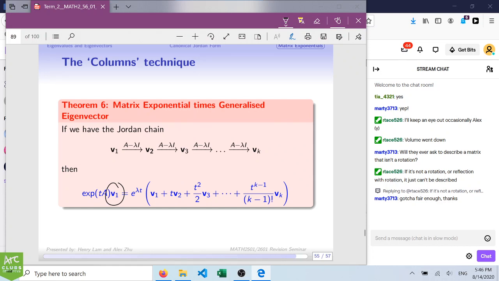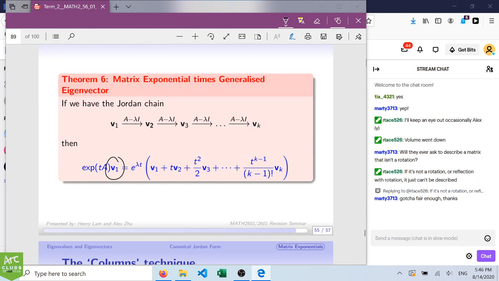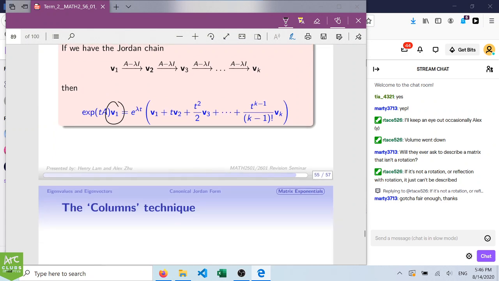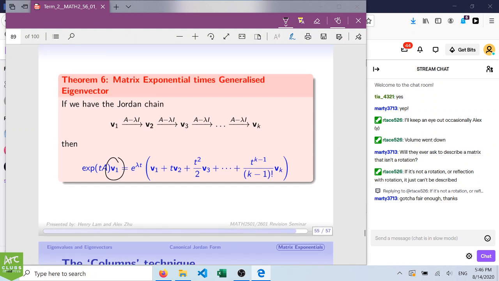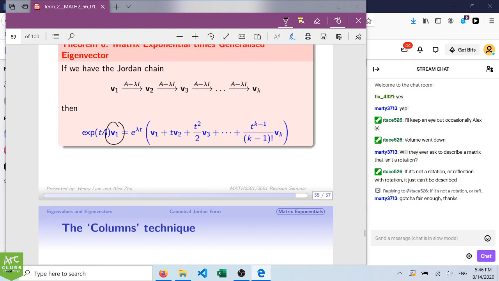Over here, there's a Jordan chain, and this Jordan chain comes with an expansion that we can use for the exponential of tA times v1. This is pretty much what we generally use exponentiation for, because we can solve some really complex systems of equations using this method.